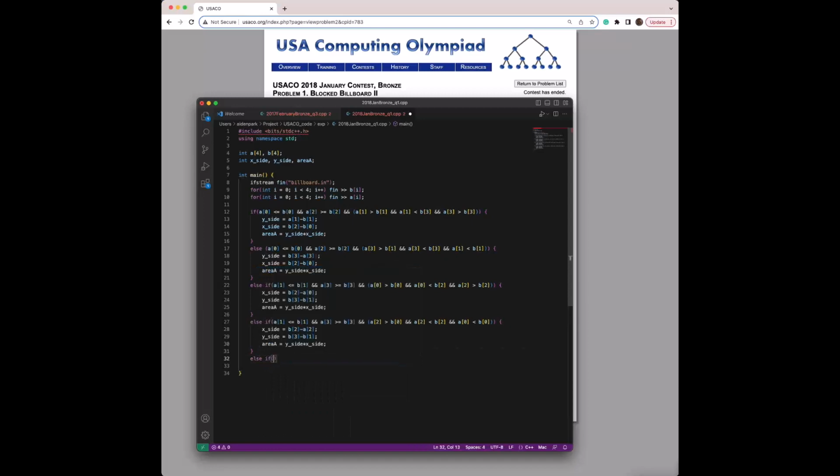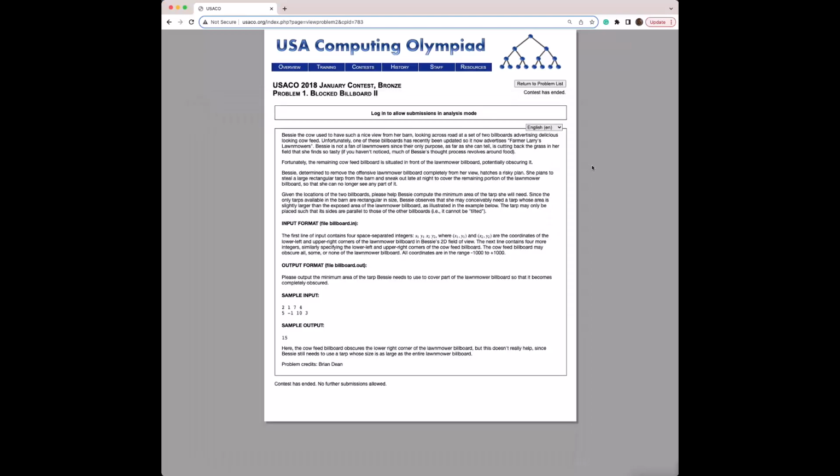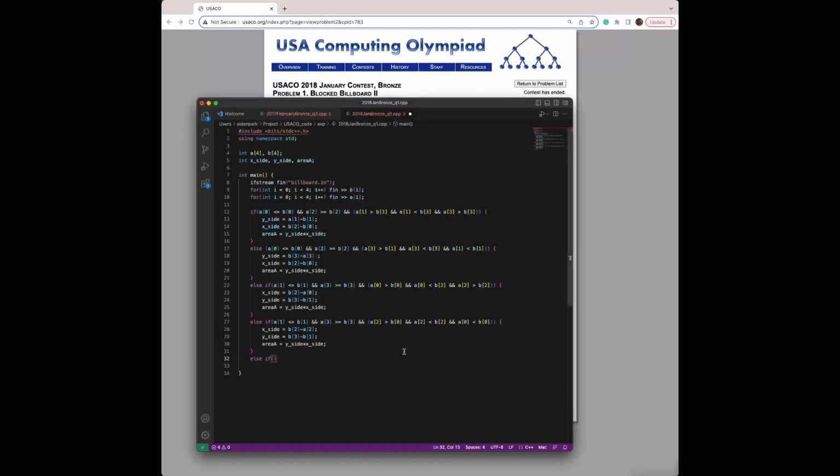And then the next scenario is when, like we discussed, some of the billboards are overlapping, but we can't really have a rectangular tarp to cover it, and we're just gonna have to cover the entire bad billboard, even if some of it is covered.